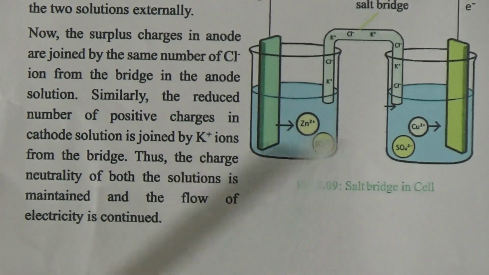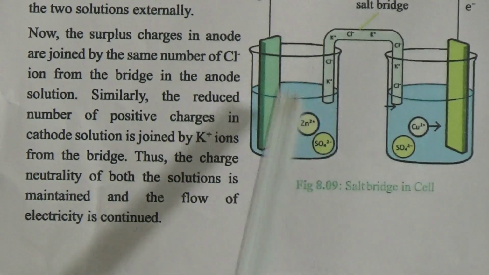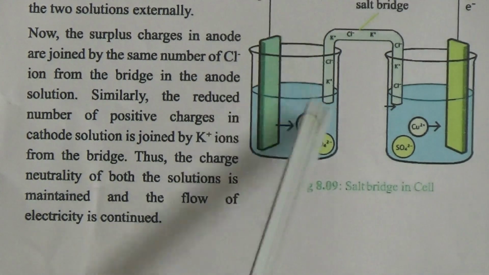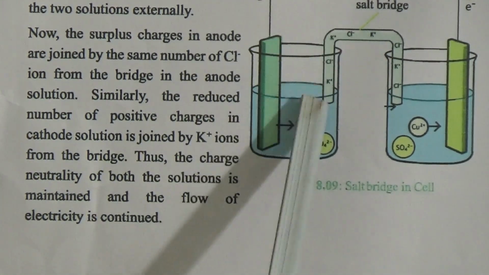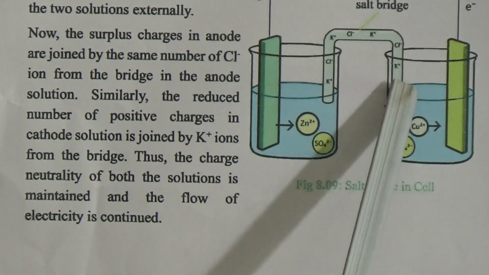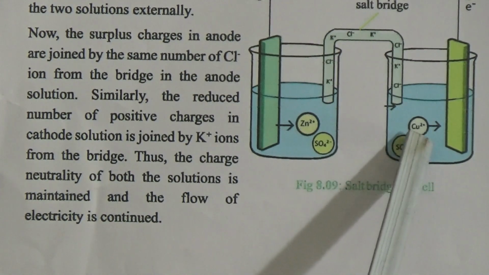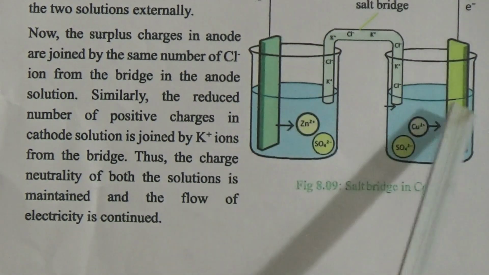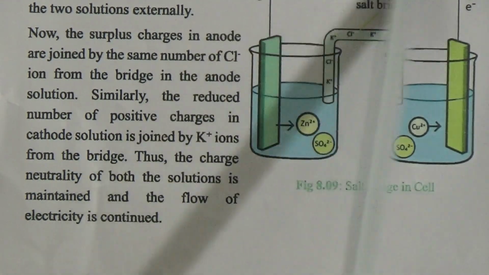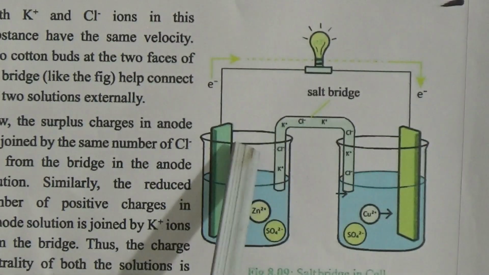That means the ions from the potassium chloride of the salt bridge react here with potassium and chlorine, and in this portion also react with potassium and chlorine. That's why they keep the two solutions charge neutral. That continues the electron flow, and that continues the electricity flow in that galvanic cell.